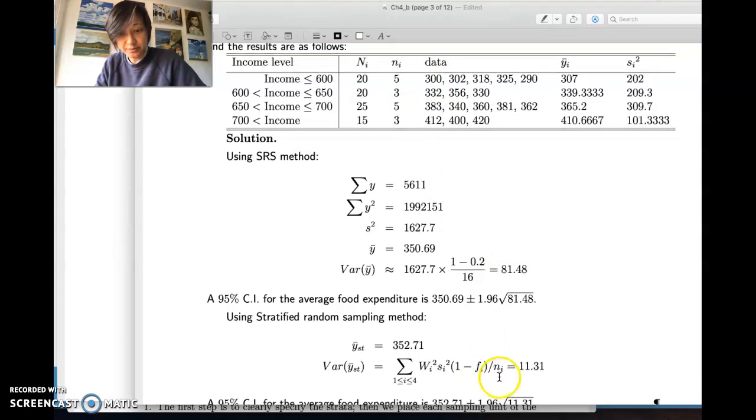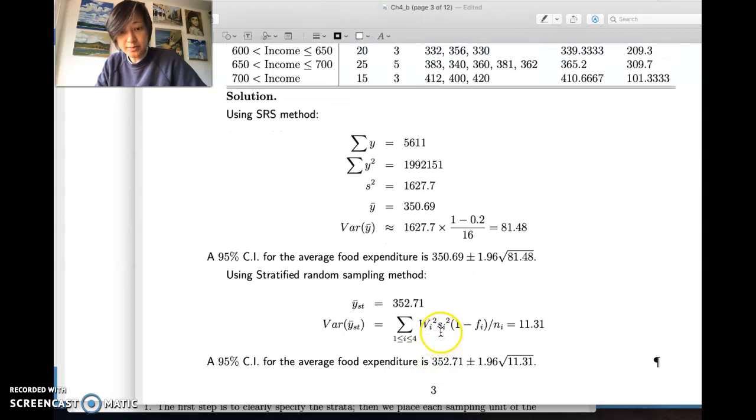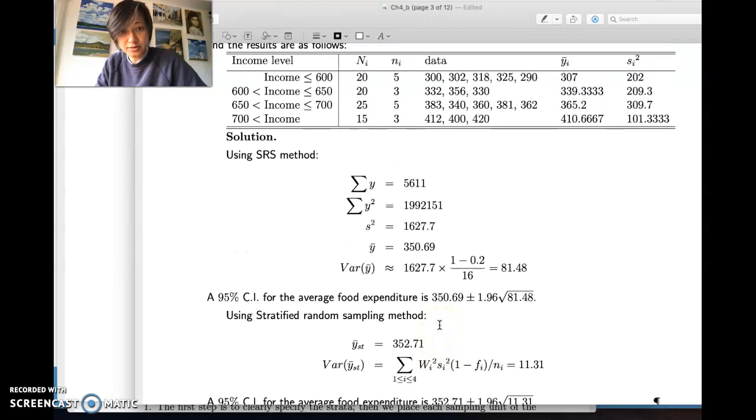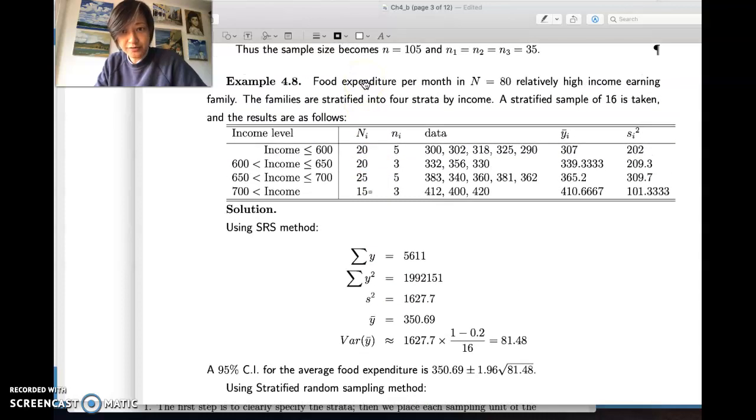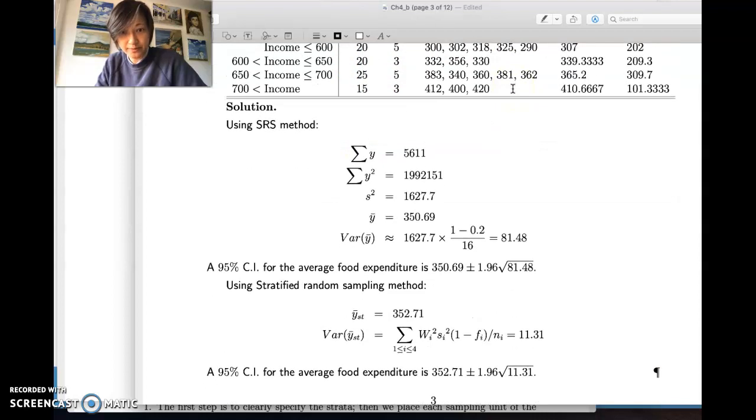Of course, we need to divide by the sample size. Then we add up all the estimated variances, again weighted by the population ratio squared, of course. So weighted by 20 out of 80 squared, or 20 out of 80 squared, or 25 out of 80 squared.